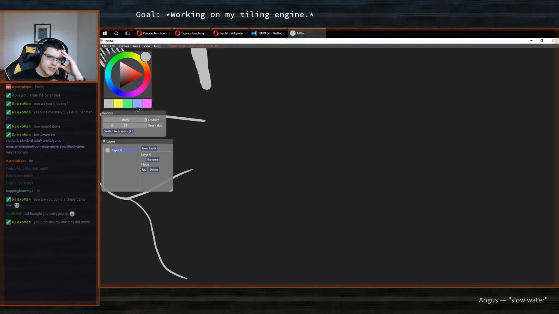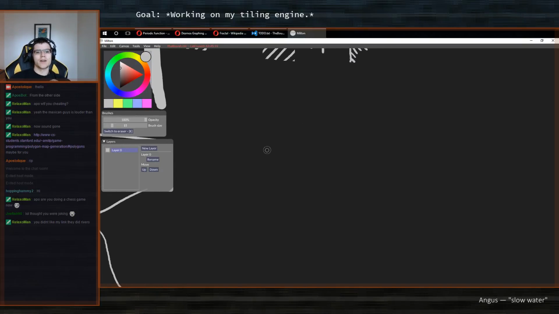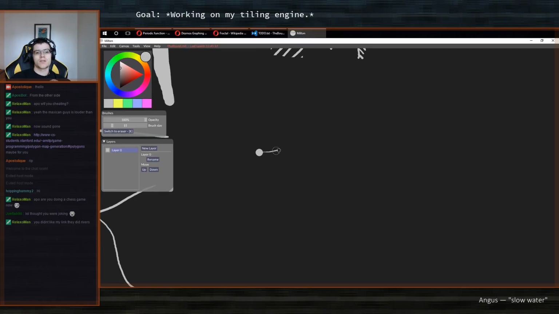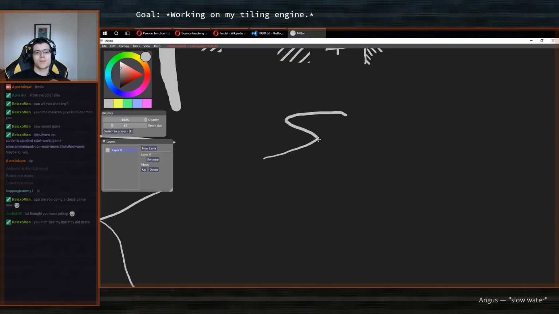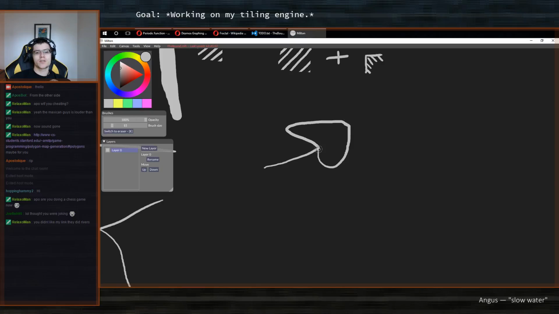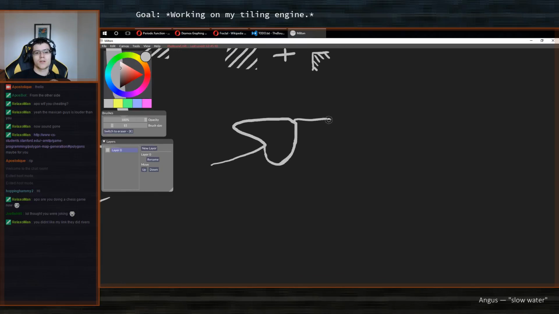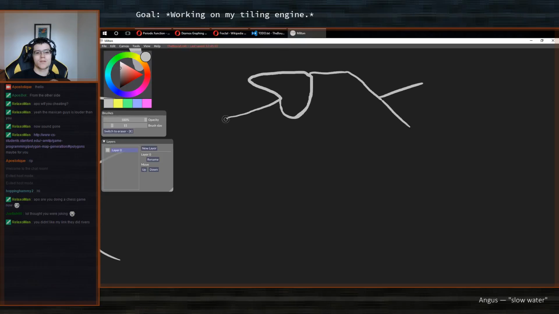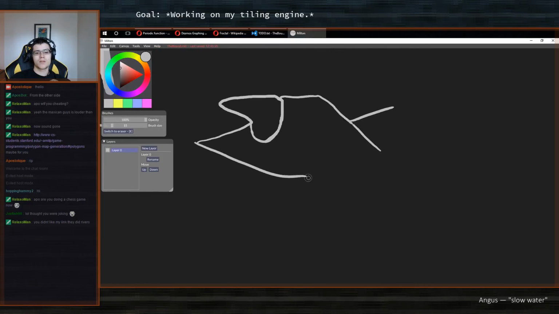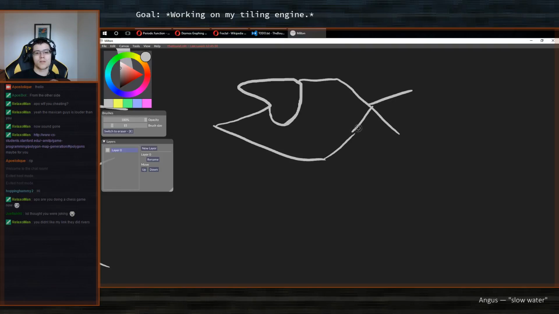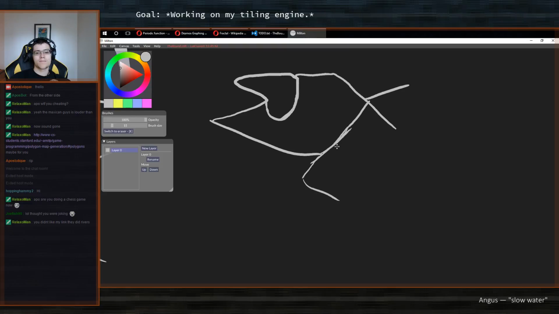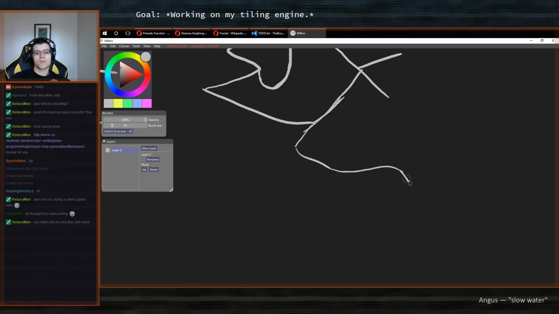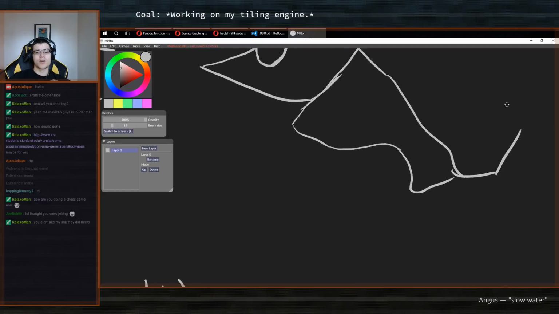Anyway, so this structure allows me to do my rivers where they can start somewhere, they can split, they can merge. Not my best drawing, but whatever.